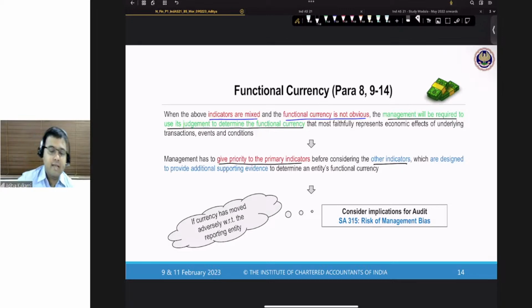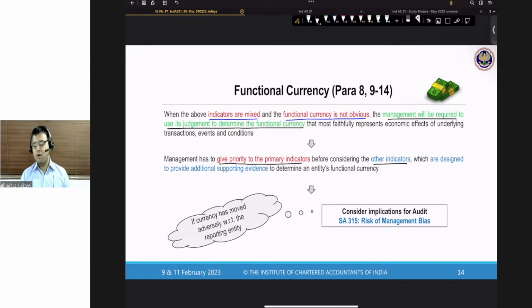If the currency has moved adversely with respect to the reporting entity, you could probably consider the risk of management bias when doing the audit under SA 315. So suppose you are an entity whose raw materials you are going to import, always. And your sale is within India.